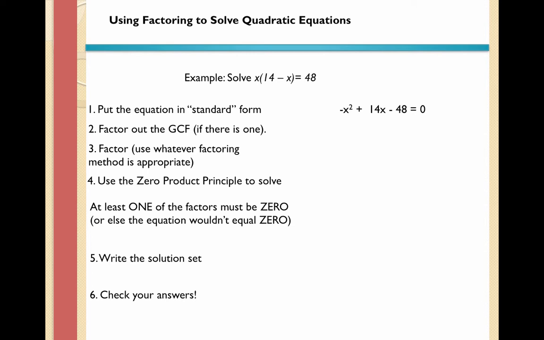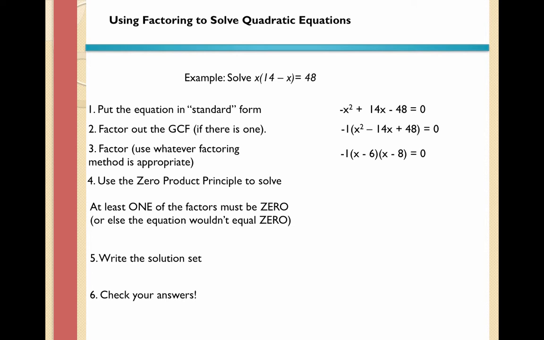Now we want to factor out a greatest common factor, and there isn't one, but notice that there's a -1 as a leading coefficient, and that makes things much harder to factor. So I just like to factor out that -1. Now go ahead and factor the x squared minus 14x plus 48. Again, pause and see if you can work the whole thing through from here, and then come back and check it out.